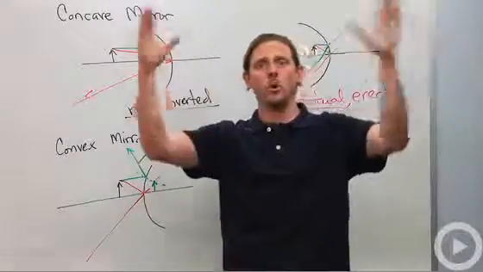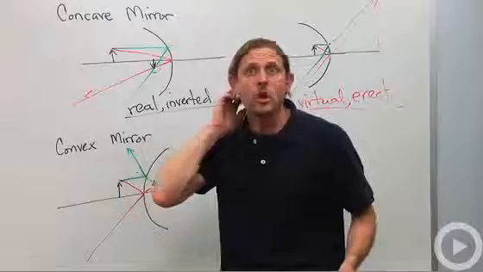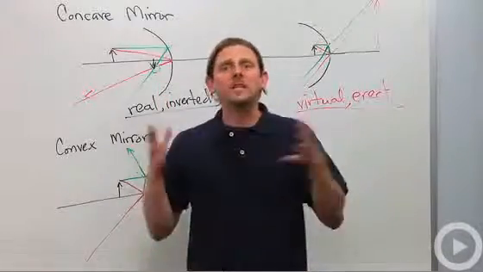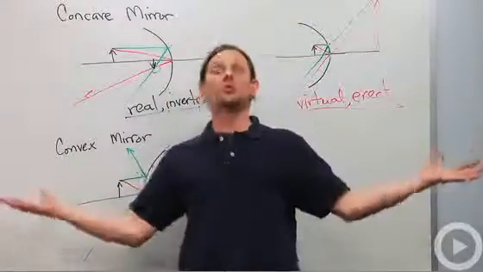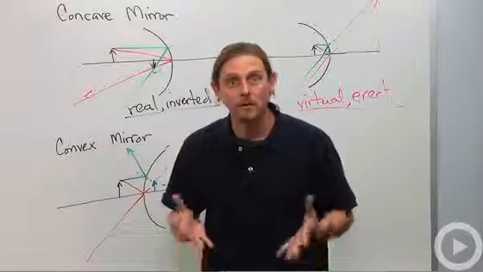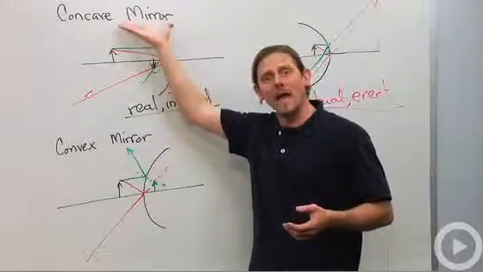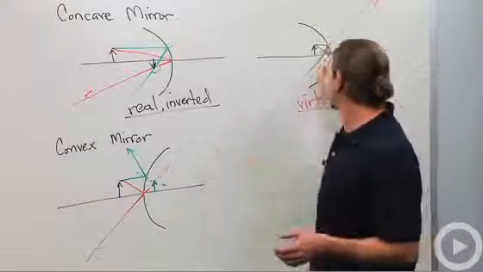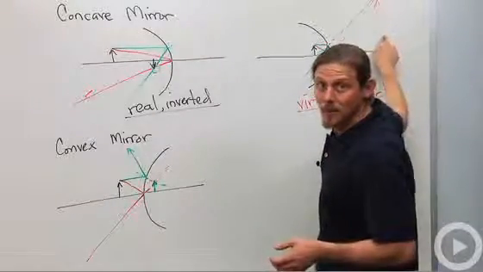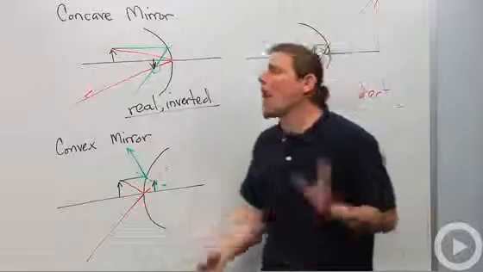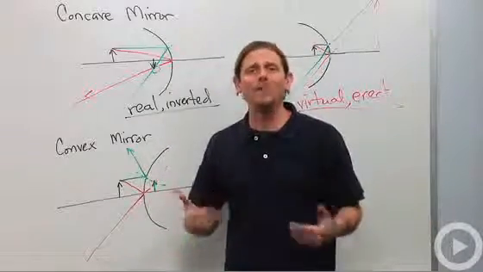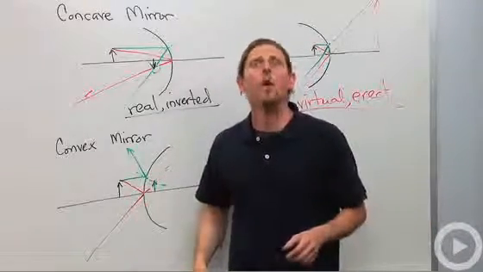And that means that if you use one of these convex mirrors, you can see more. You can see more going on. You can see the whole store at once, right? Which is not the case with these concave mirrors. Concave mirrors are actually used to magnify things. All right? So those are some qualitative ideas about the way that mirrors and image formation works.